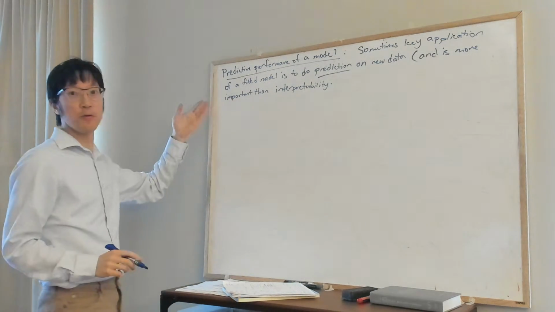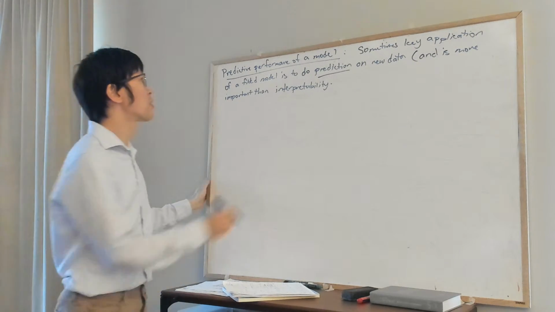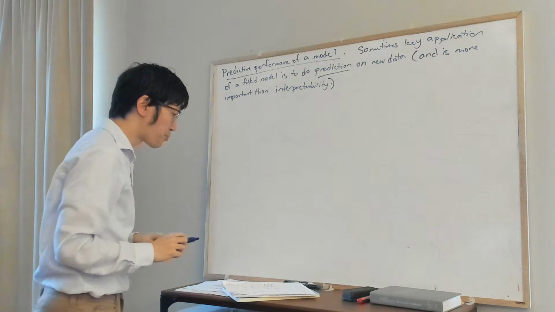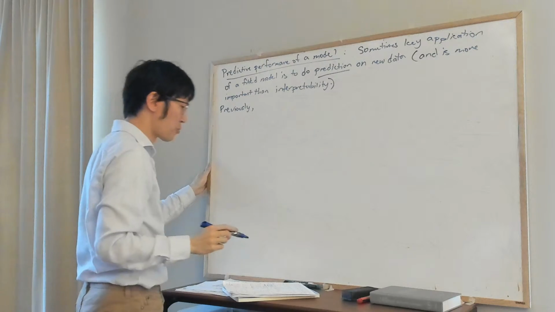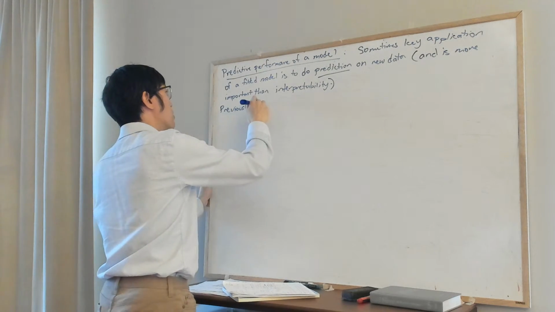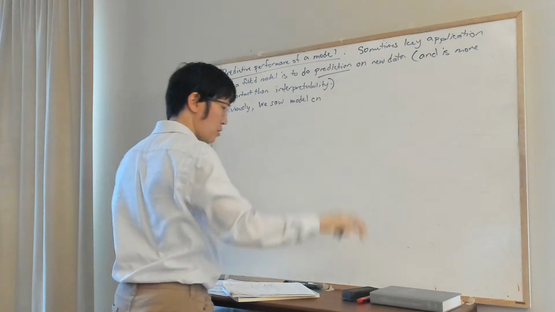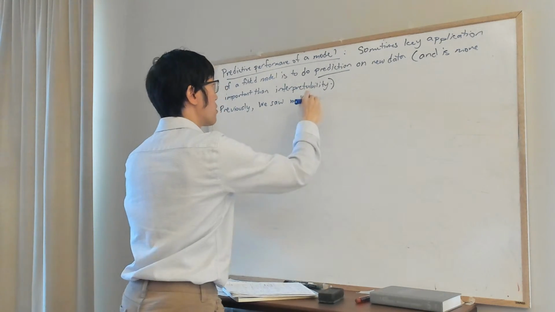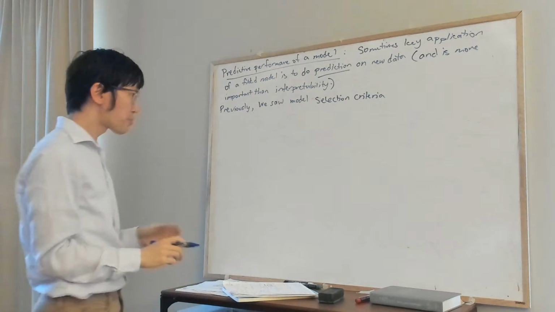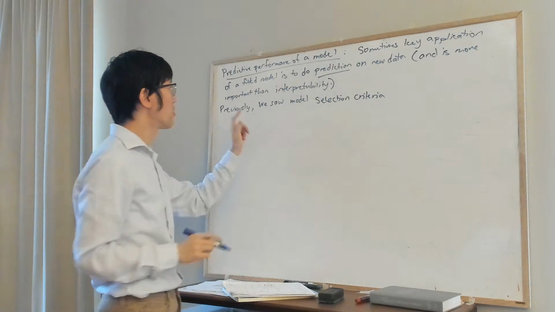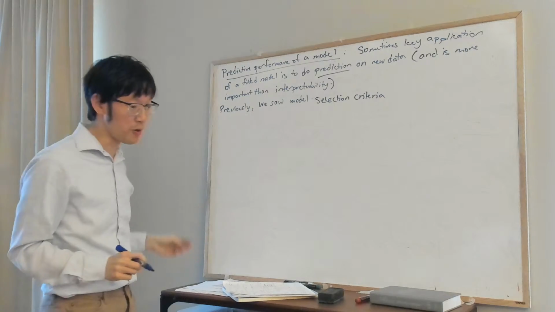So what have we learned so far that's associated with this idea? Well, we've looked at some model selection criteria. This includes things like AIC, BIC, adjusted R squared.